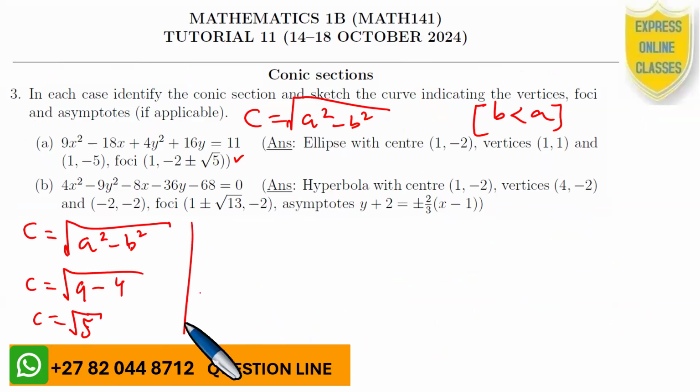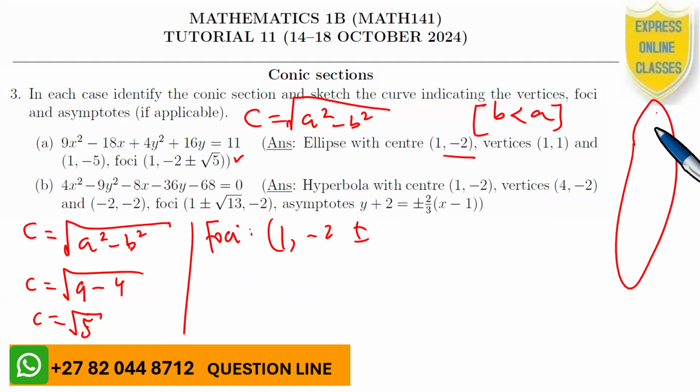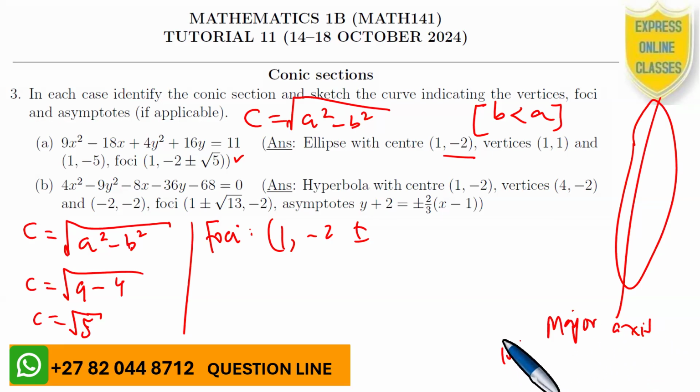And remember that you take the center. So now to get the foci, you take the center. What is the center? It is this one. Because the ellipse is like this, meaning the major axis is parallel to the y-axis, you add and subtract the square root of 5.